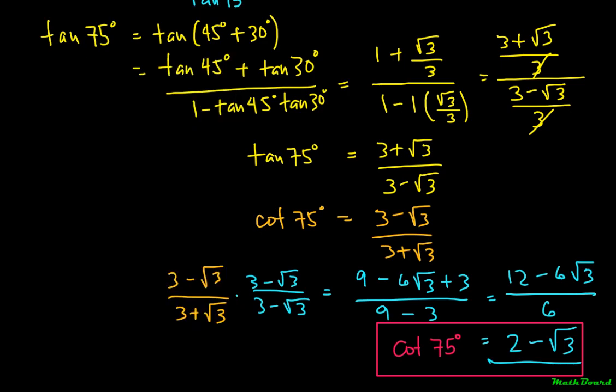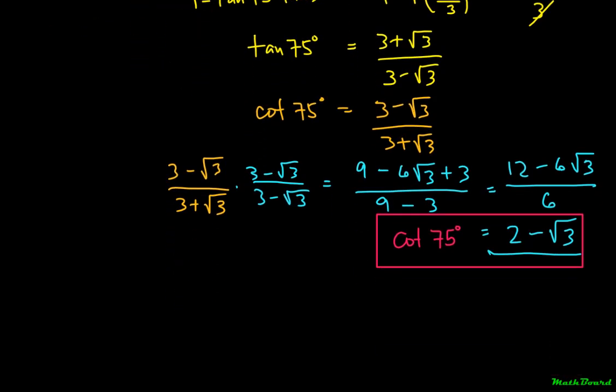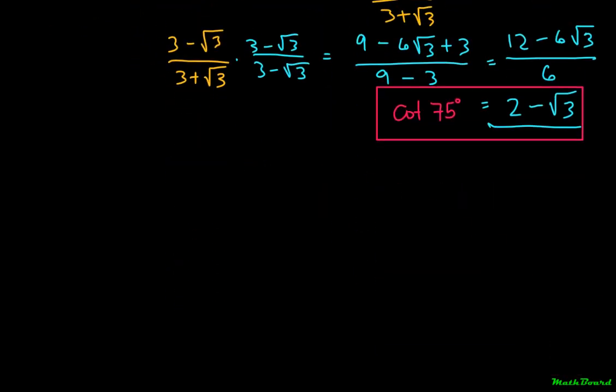Okay, how about for this next example? Let's say we have cosecant pi over 12. First, we can convert pi over 12 to degrees to make the solution easier.